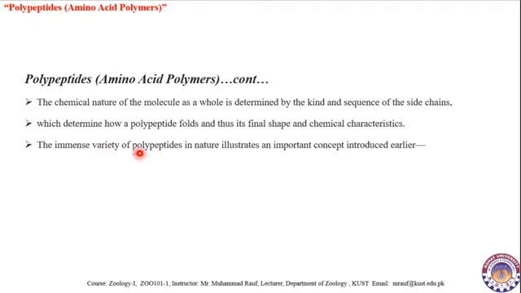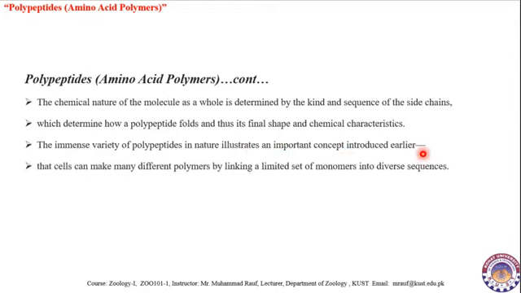The immense variety of polypeptides in nature illustrates an important concept introduced earlier, that cells can make many different polymers by linking a limited set of monomers into diverse sequences. Recall from the previous slide where we said that the linear sequence of amino acids is different in different proteins.